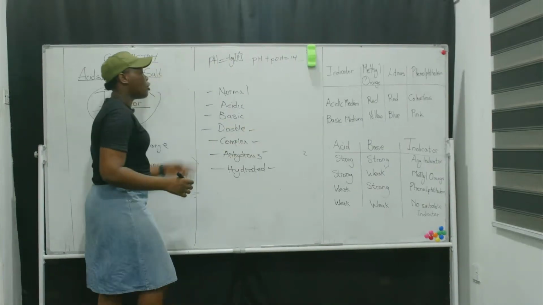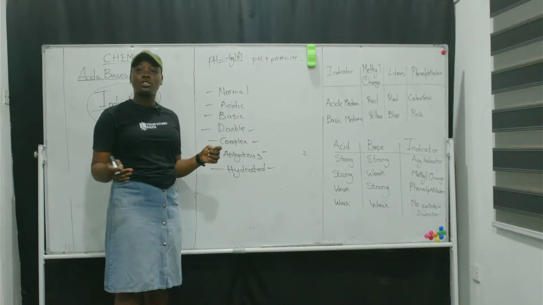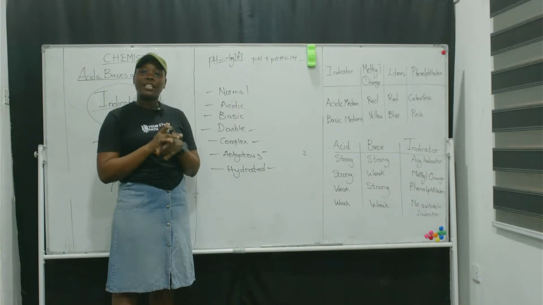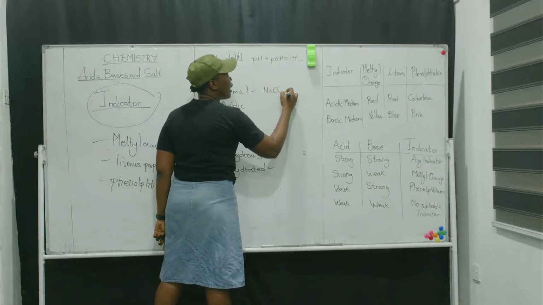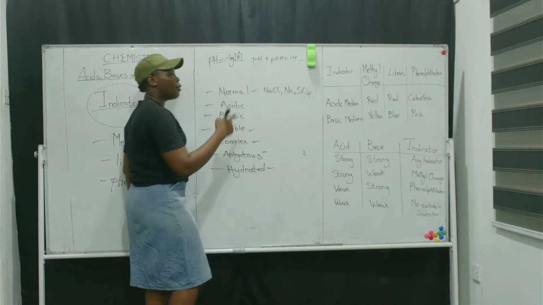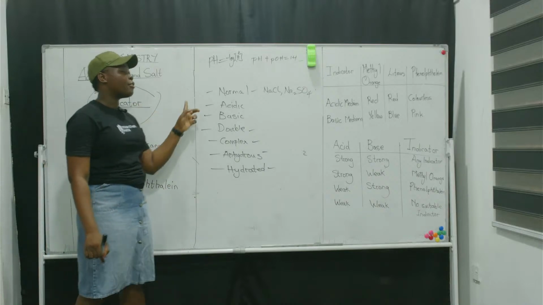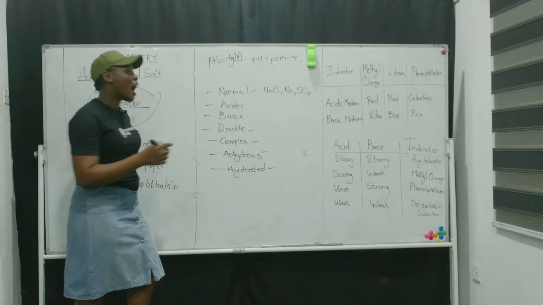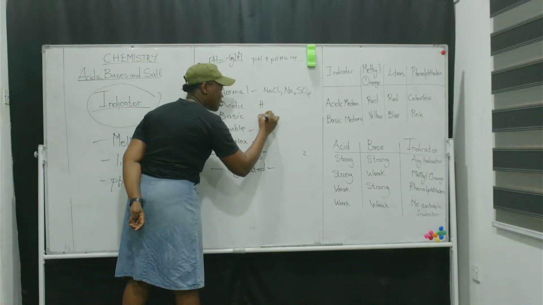So this is gone. Normal salts are your regular salts, right? Product of a neutralization reaction. The acid and the base completely ionized, and then you get your normal salt like NaCl, like Na2SO4. These are normal salts. And then for acidic and basic, that's what I want to dwell on. Acidic salt would always have hydrogen. Basic salt will always have OH in the middle.